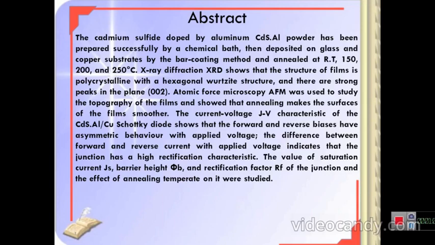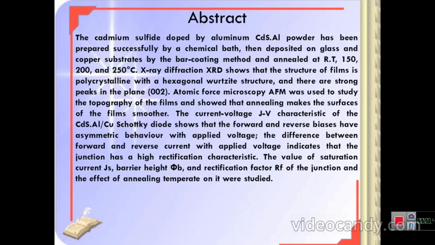X-ray diffraction shows that the structure of the films is polycrystalline with hexagonal wurtzite structure, and there is a strong peak in plane 002. AFM was used to study the topography of the films and showed that annealing makes the surface of the films smoother. The current-voltage characteristic of the film Schottky diode showed that forward and reverse biases have symmetric behavior with applied voltage.